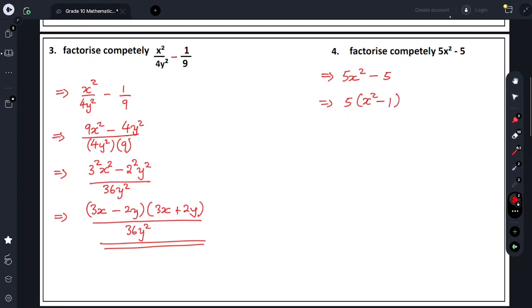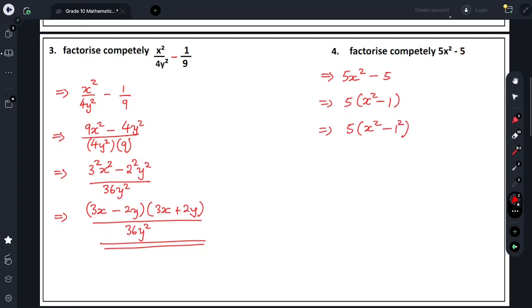Okay. So once we remain with 1 like that, you must notice that what is in the brackets is a difference of 2 squares. It can be written as x to power 2 minus 1 to power 2.